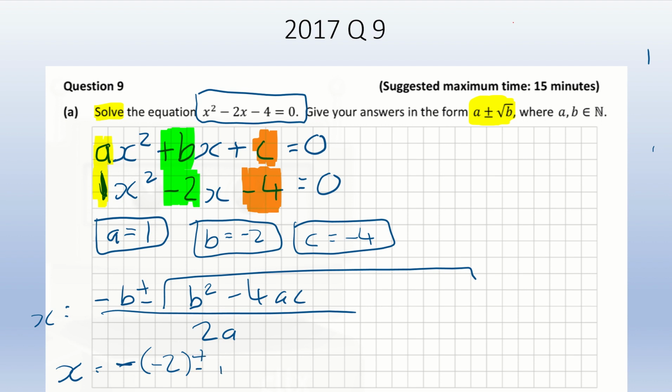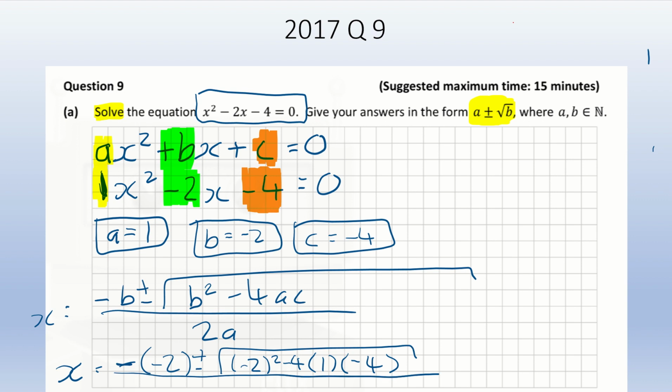I've got plus or minus the square root of b squared, so it's going to be minus 2 squared minus 4, a was 1 and my c was minus 4, all over, so everything over 2a. So 2 times a, 2 times 1. There's my brackets again. On that line there, all I've done is take out the a, b, and c and put in what they were equal to, and I've protected those with brackets just to help myself out.